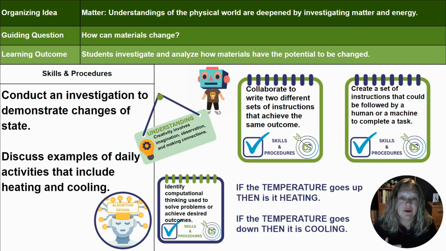And then we always have that opportunity when we're working with instructions or rules to add in the algorithm design. So simply by asking students to come up with an algorithm regarding this concept, in this case temperature, we can say, if the temperature goes up, then it is heating. And we may talk about a state change in there as well.